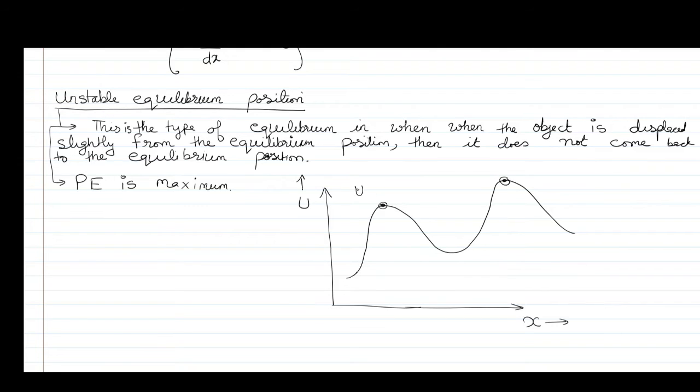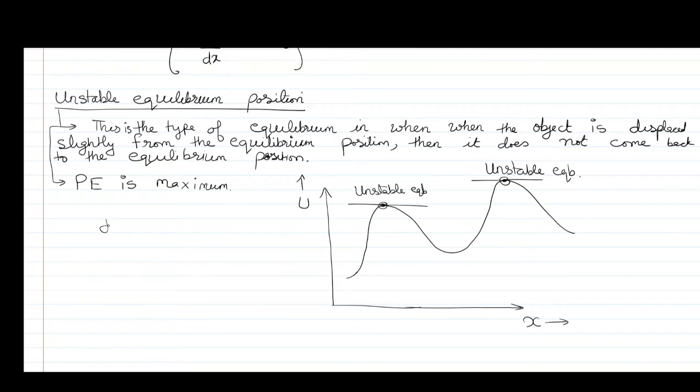At this point, there will be unstable equilibrium, and at this point also, there is unstable equilibrium. Now, at this point and at this point, the slope of the tangent is 0.